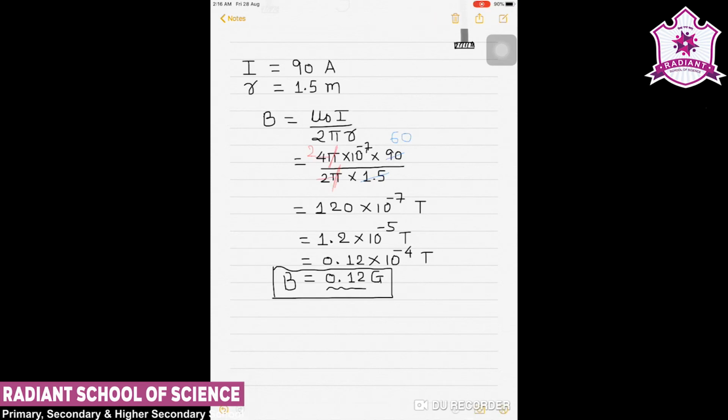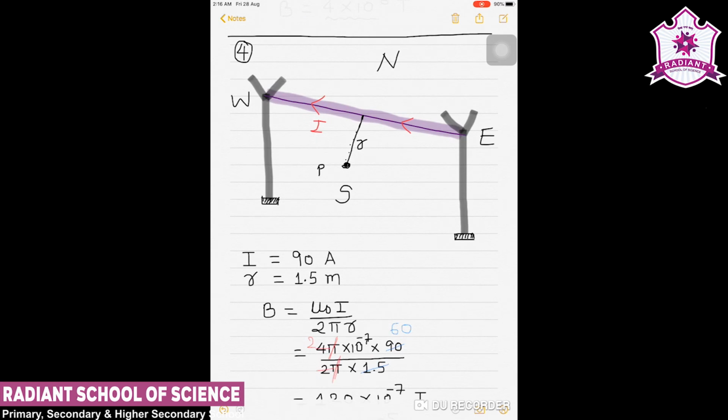Now to find the direction, again let's observe the figure. In this figure, the current is flowing from east to west. That is, if we keep the thumb of the right hand in the direction of the current flowing, and we curl the fingers about that wire, then the direction of the magnetic field can be obtained.